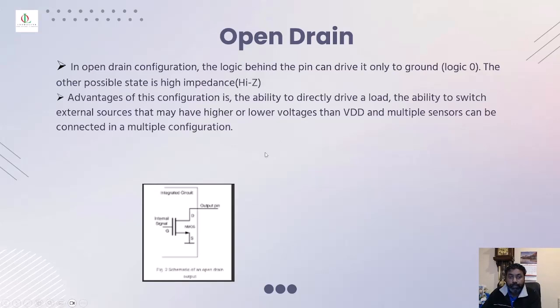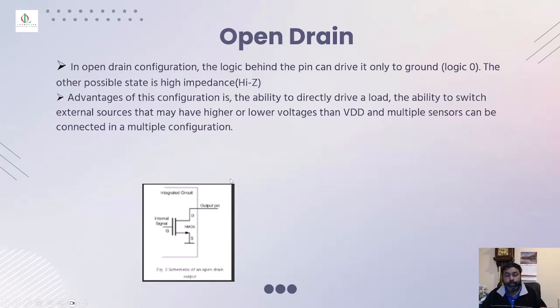The advantages of this configuration are the ability to directly drive a load, the ability to switch external sources that may have higher or lower voltages than VDD, and to have multiple sensors connected in a multiple configuration. The one difference in open drain is that it doesn't have a PMOS, only an NMOS, and if you want it to be connected as close to VDD, then you need an internal or external pull-up resistor to make it operative.